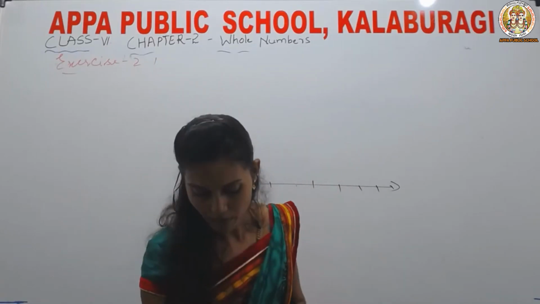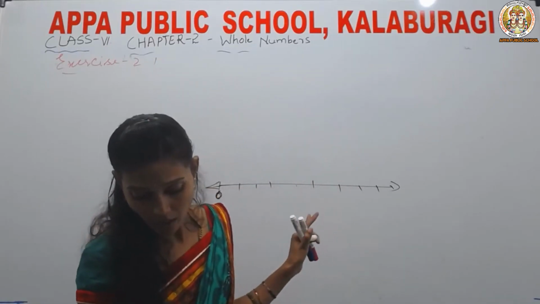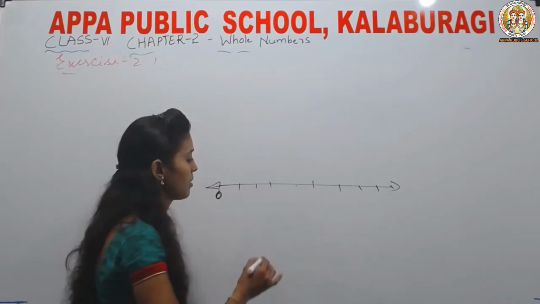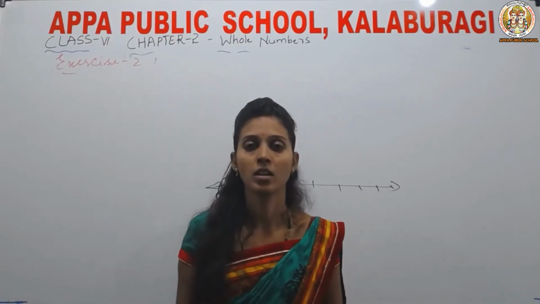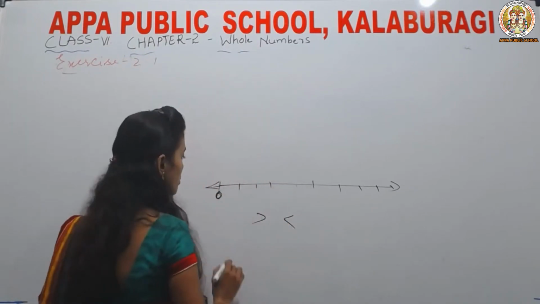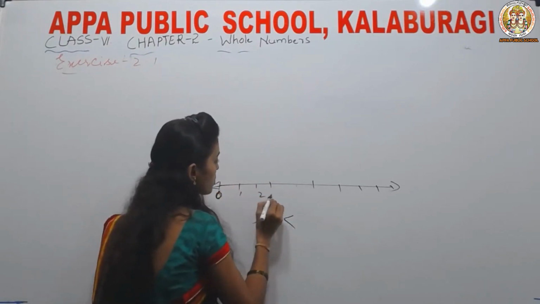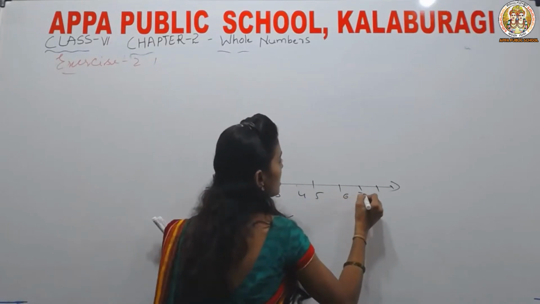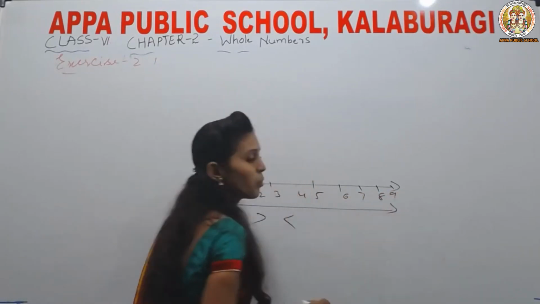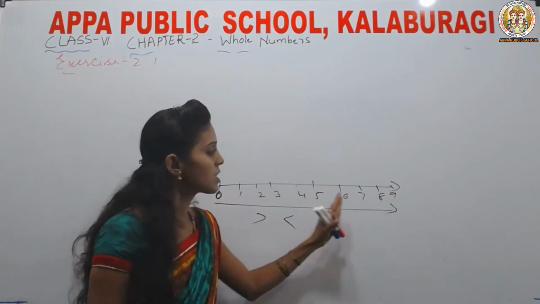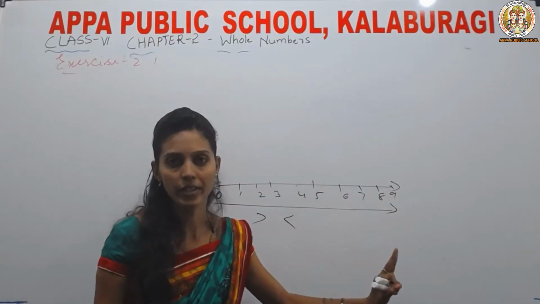Also write them with the appropriate sign between them. Just observe, if I start from 0, 1, 2, 3, 4, 5, 6, 7, 8, 9, this is an increasing order, right?